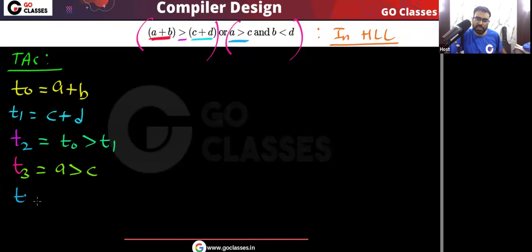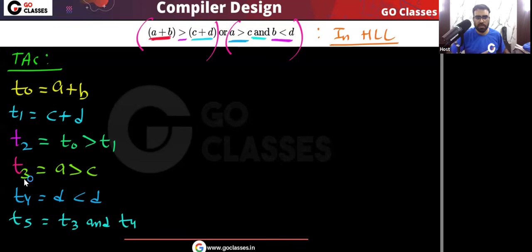Next in T4, I can put B less than D. Then we will do this AND. In T5, I can put T3 and T4. Yes or no? Very easy.